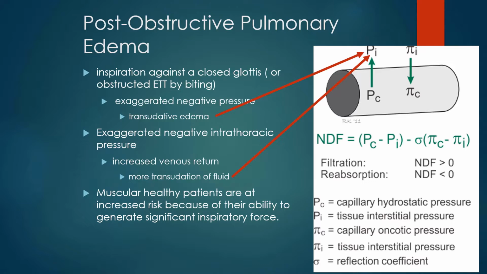So essentially, patients have an episode of laryngospasm and they try to inhale, so they generate a huge negative inspiratory pressure, but the glottic opening is closed, so nothing can come in. When that negative pressure happens, fluid is transudated from the capillary beds in the lungs into the interstitium.